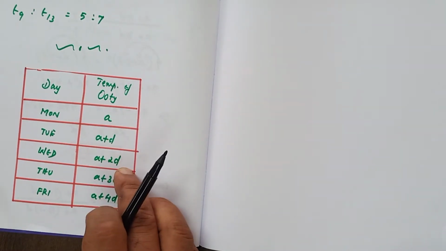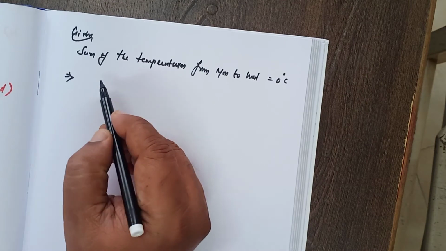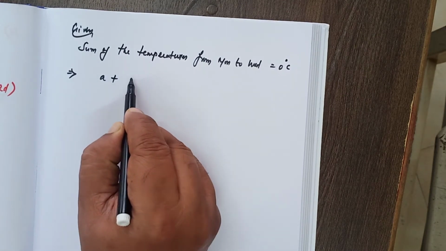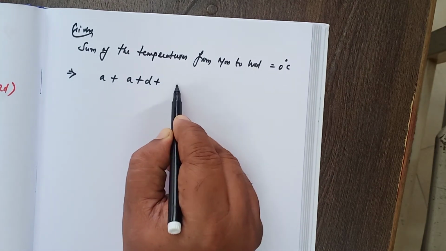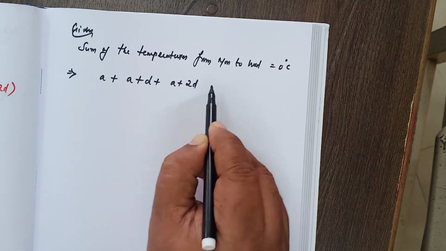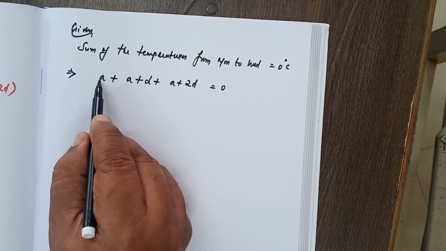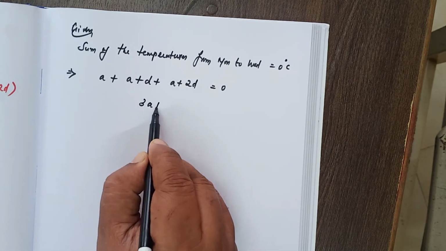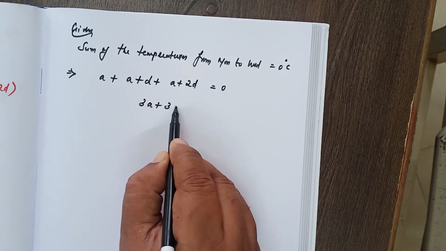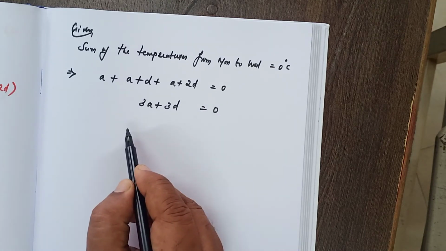We have to add all the three. A plus A plus D plus A plus 2D is equal to 0 degrees Celsius. A plus A plus A is 3A, D plus 2D is 3D, that is equal to 0.